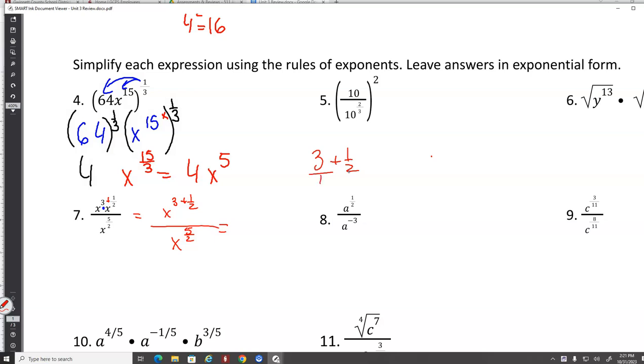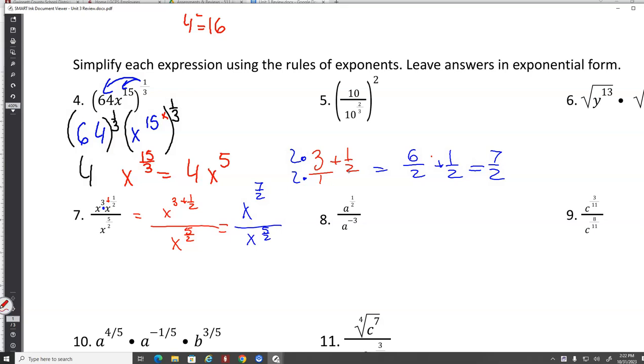This is over 1. If I want the same denominator, I've got to multiply the bottom by 2, which means I've got to do the same thing to the top. So this is going to be 6 over 2, now add 1/2. So that's going to be 7 over 2. So my top now becomes x to the 7 over 2, and that's still divided by x raised to the 5 over 2.